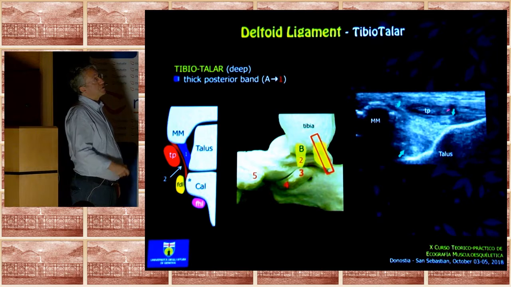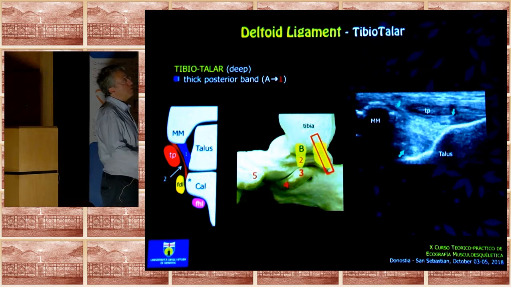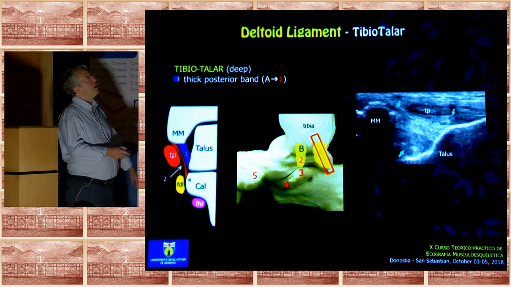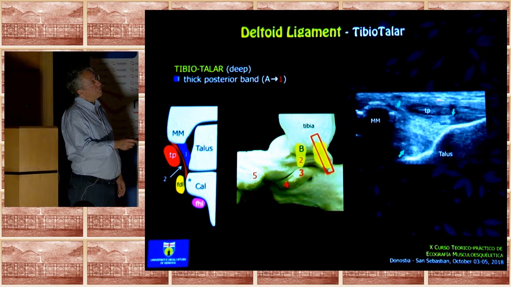Use the tibialis posterior as a landmark anytime you check the different components of the deltoid. And deep to the tibialis posterior, we have the superficial part. You start to see the superficial part formed by the most posterior fibers of the tibiocalcaneal.